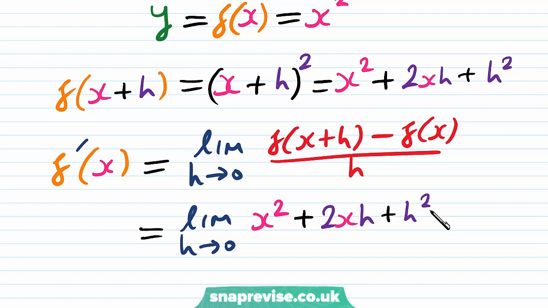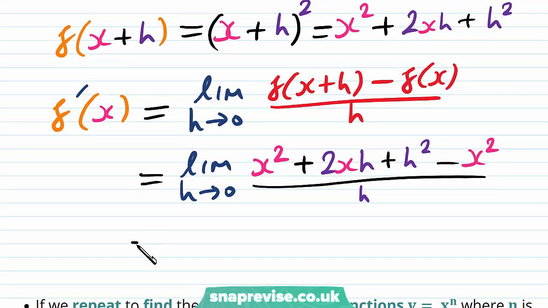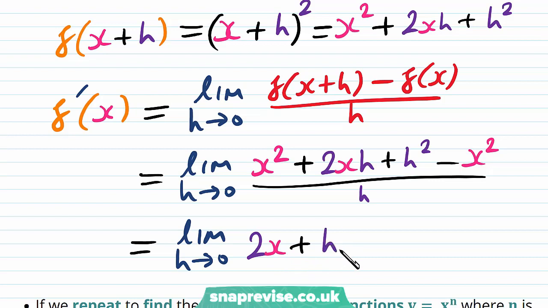And then we minus our f of x, so we minus our x squared. And then we divide by h. If we then subtract and divide, we get that this is equal to the limit as h tends to 0. Well, x squared and x squared cancel out. And then by dividing, we only have these two middle terms to divide. And we get a 2x and a plus h. Of course, as h tends to 0, this is only going to be 2x.